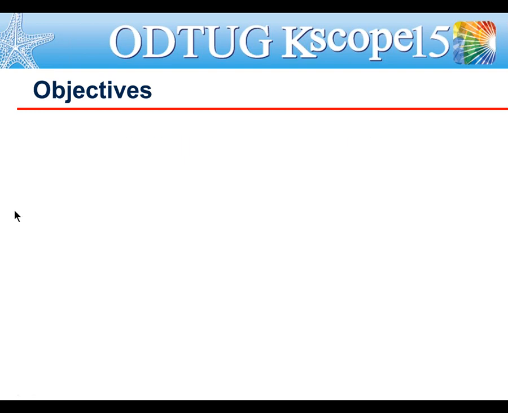So today's objective is to show you how to automate creation of business rules and calc scripts using custom-defined templates. This is a Kscope 15 encore session, so it's a repeat of a session that I did at the most recent Kscope. It's also an extension of a previous ODTUG webcast that I did back in January.